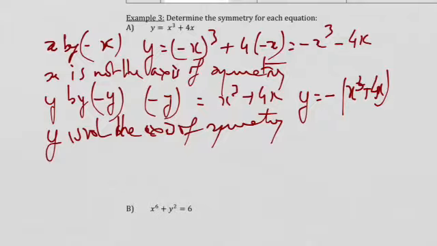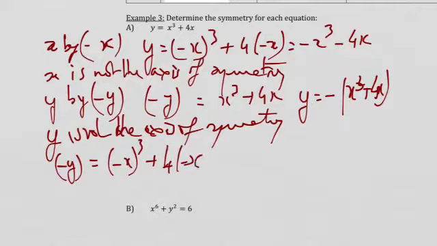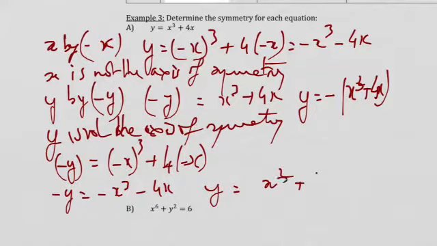Do we have origin symmetry? For that, I'm going to substitute y by minus y and x by minus x. Then I end up with minus y equal minus x cubed minus 4x, which is y equal x cubed plus 4x.